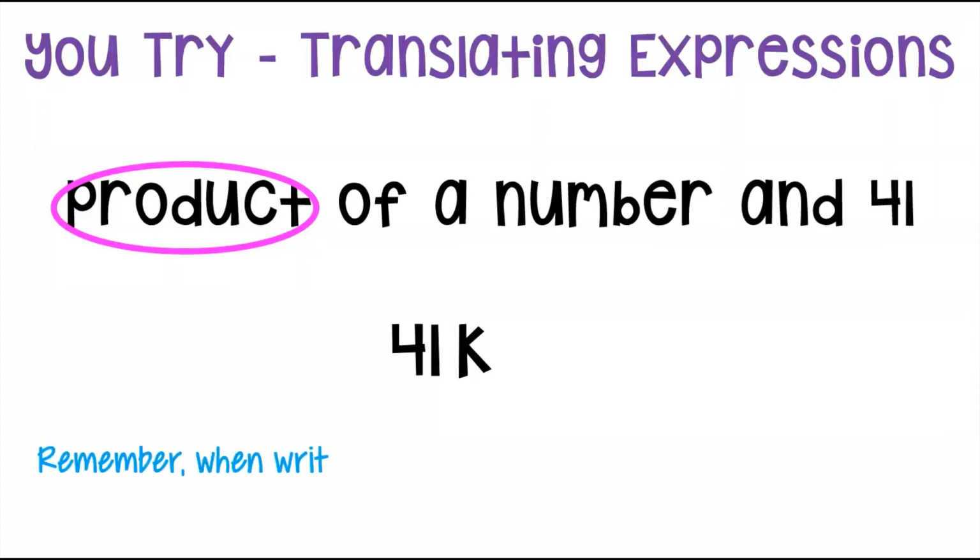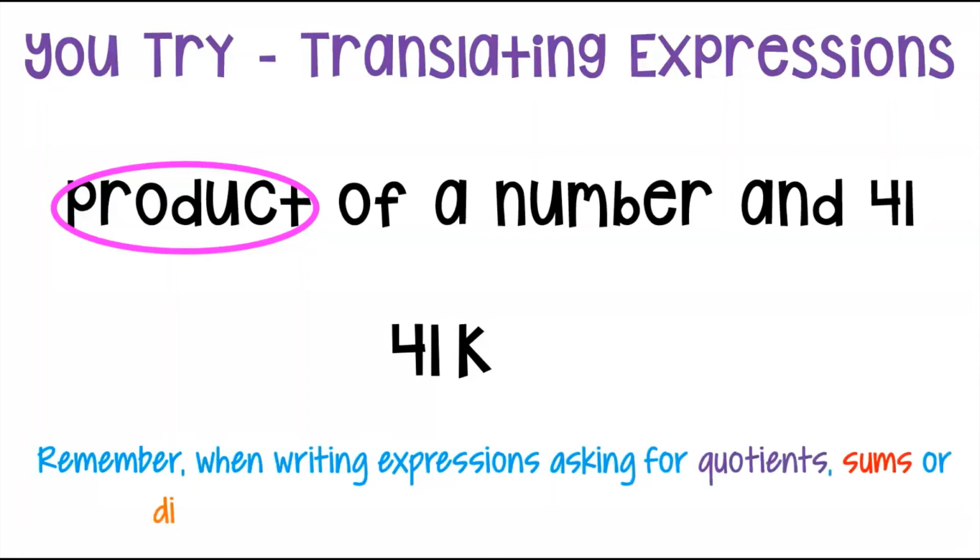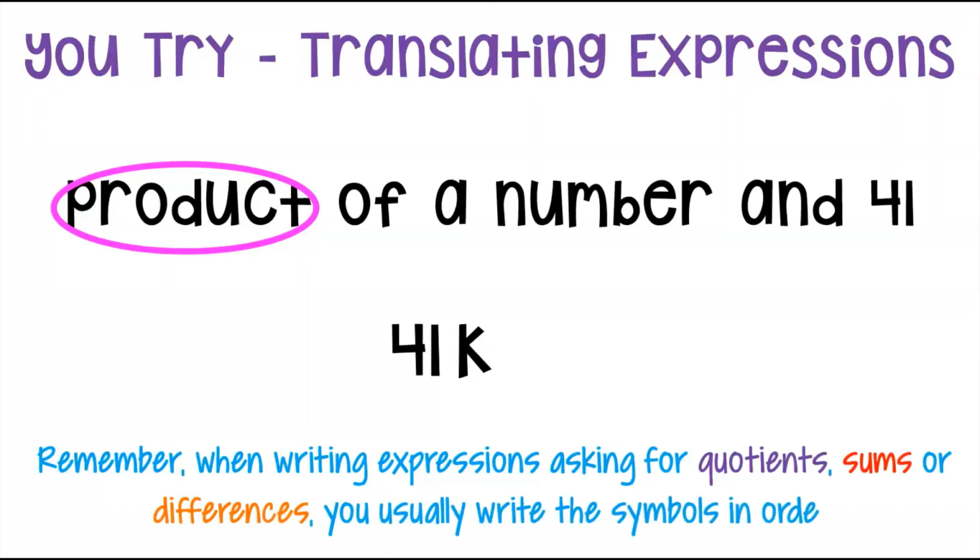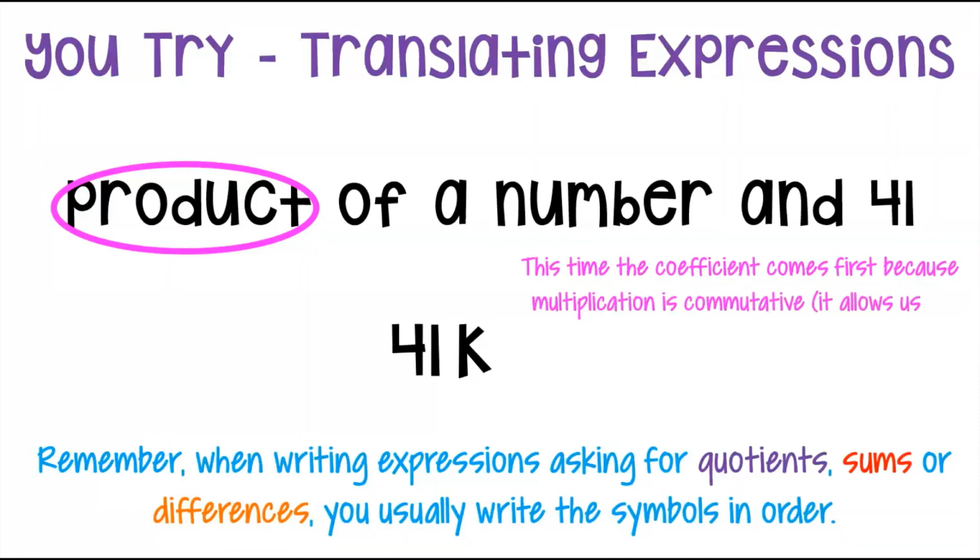And again, remember that typically when you see the words product, quotient, sum, or difference, we'll go in order. But because of the way that we write multiplication, where the coefficient comes first, in this particular case, the 41 would come first. 41k is the way we represent 41 times k, or the product of a number and 41.